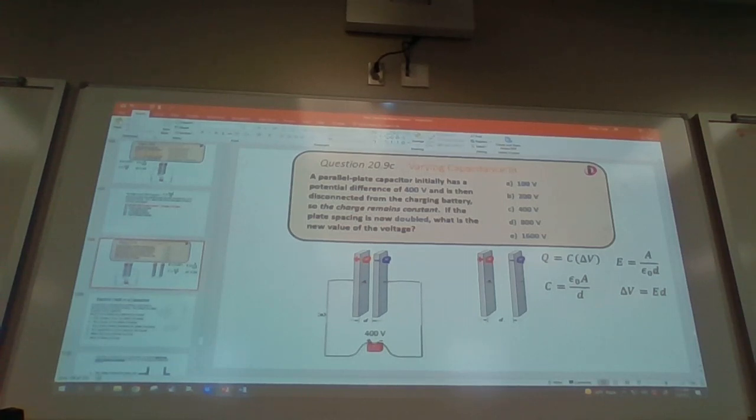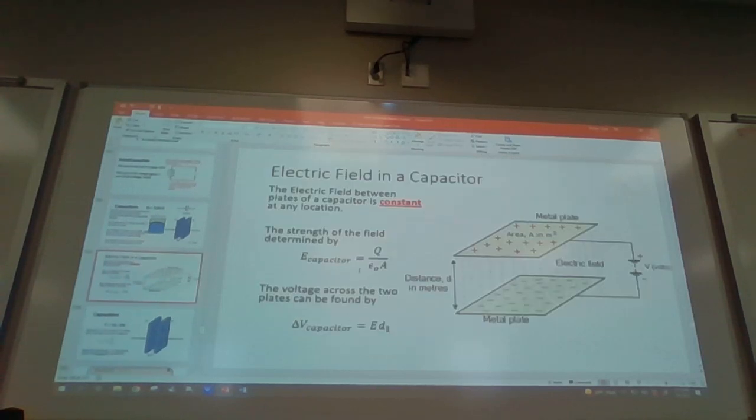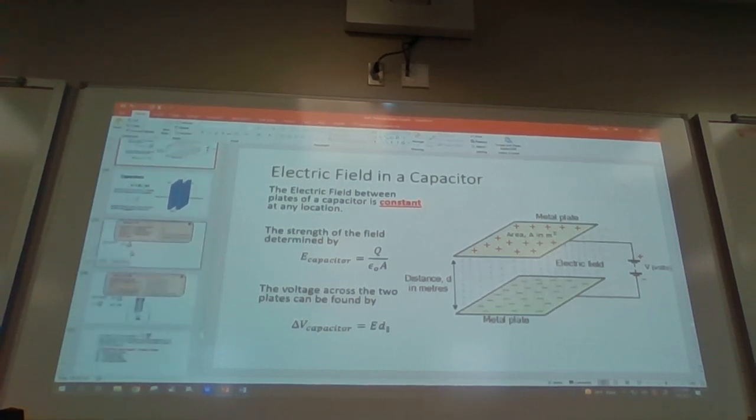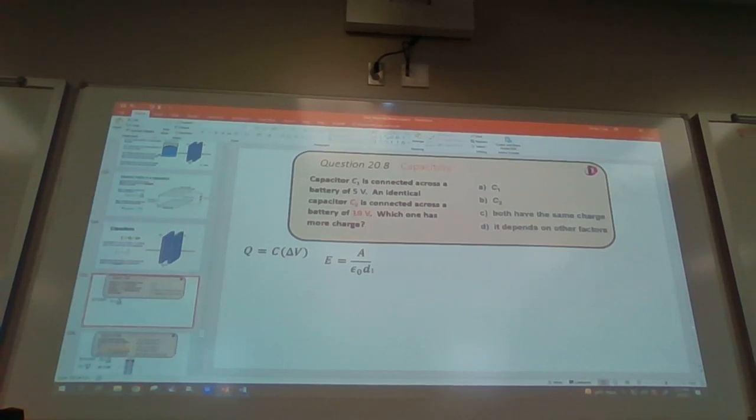Is that equation right? I was right the whole time. No, wait, I was wrong. That's what was messing me up. Sorry, electric field. That's not A, that's not D. I messed this all up.